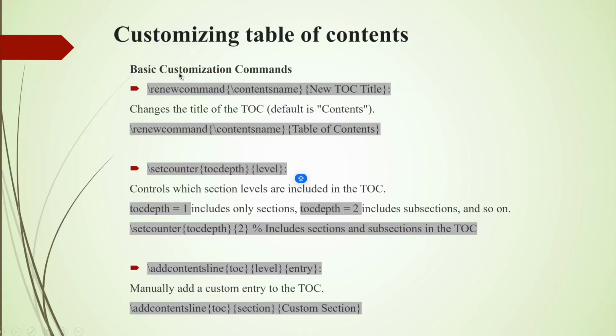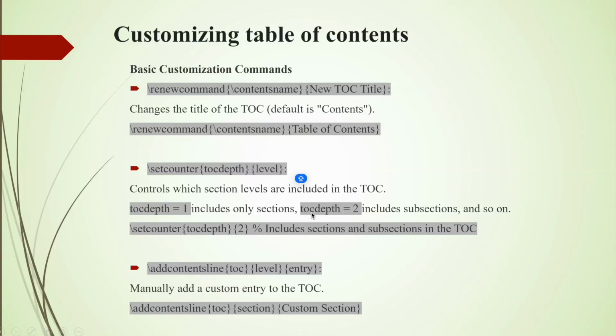We can customize the table of contents. Here we can write Table of Contents instead of Contents by using this renewcommand command. We can also control the section levels which are included in the TOC, meaning table of contents. If we write tocdepth 1, then it includes only sections.